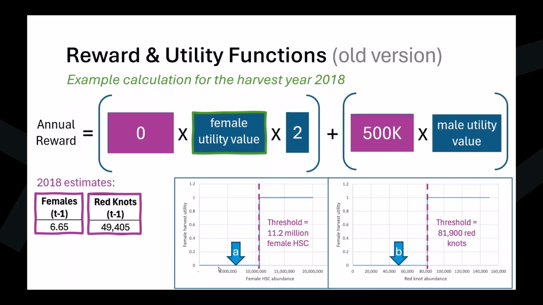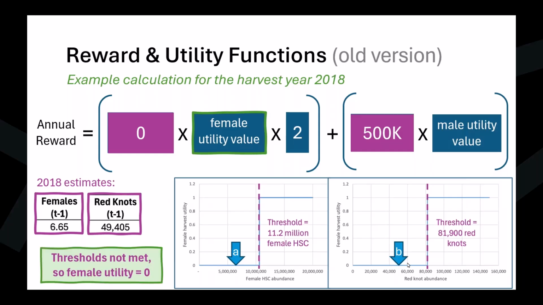But again, this is an or statement, so if the red knots were above the threshold, we would look at them, but they have just slightly under 50,000 red knots, so the B is indicating where the red knots fall. And so our utility for 2018 for female harvest would have been 0.